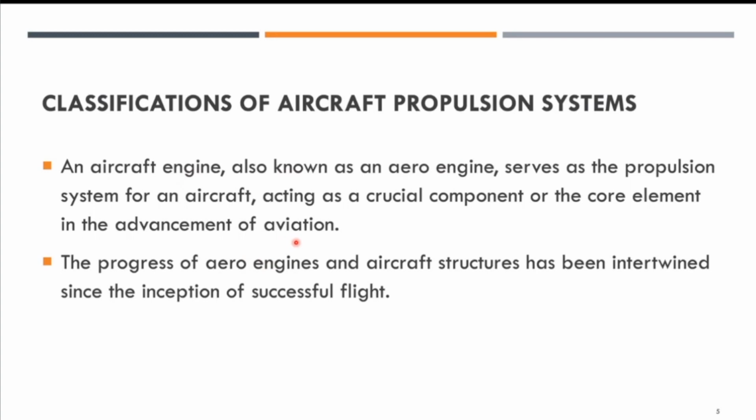As you know that the most important component in an aircraft is actually the aircraft engine. This is the most valuable component, right? Of course, the other components are also important, but this is the most expensive component in the airplane. Okay, so the progress of aero engine and aircraft structure have been intertwined since the inception of successful flight.